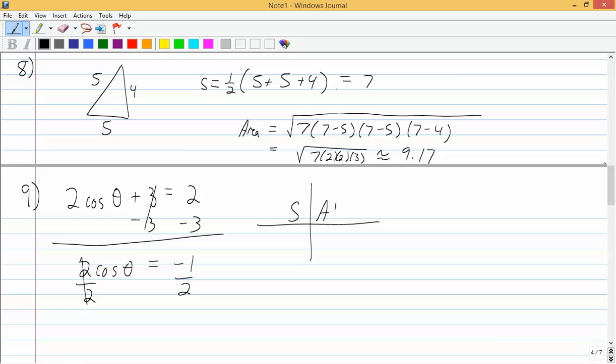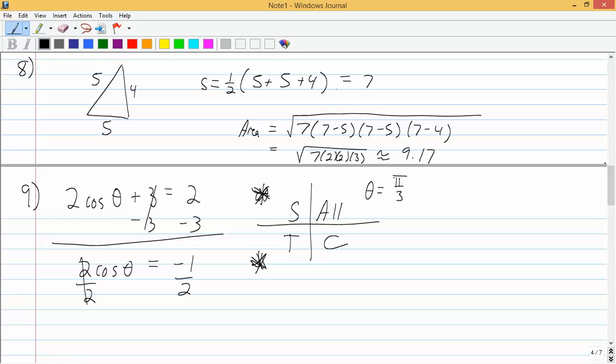Alright. So cosine is going to be negative in the second quadrant and in the third quadrant. Cosine is positive 1/2 at pi over 3.